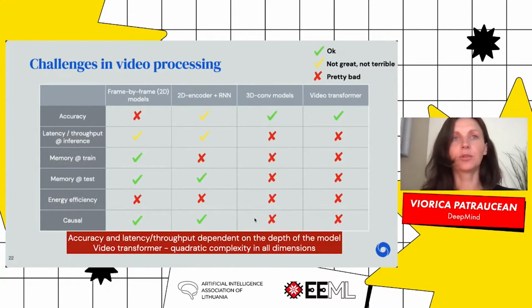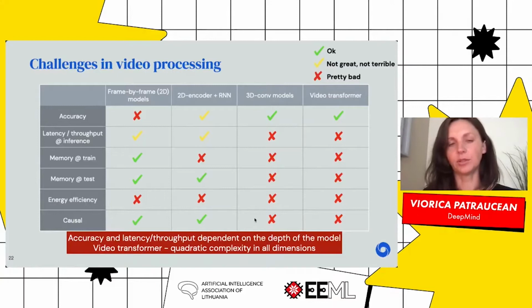And then when we talk about causal, of course, we have the frame-by-frame models and the RNN models being causal, whereas the 3D ConvNets and video transformers are not causal. A problem with these models is that the latency and throughput are dependent on the depth of the model.